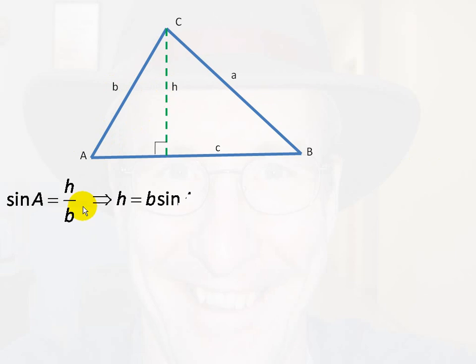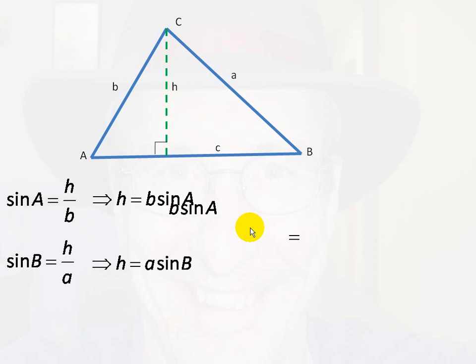Multiply both sides by b, and you have that the height is b sine A. Likewise, I could come over here to angle B. It's h over a. Multiply both sides by a, and you have h equals a sine B. Now, notice that b sine A and a sine B are both equal to h.